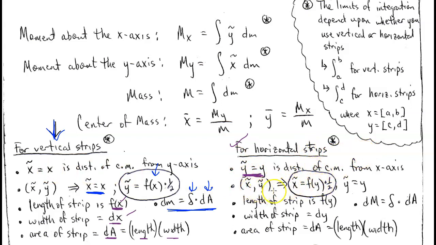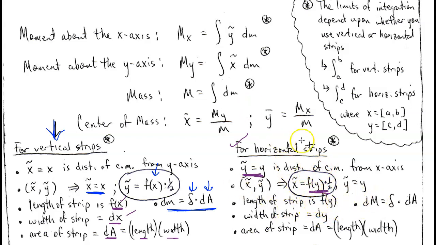Here, we know that since y is just going to be equal to y tilde, then x is going to be 1/2 of the height of the function with respect to the y-axis there, okay?